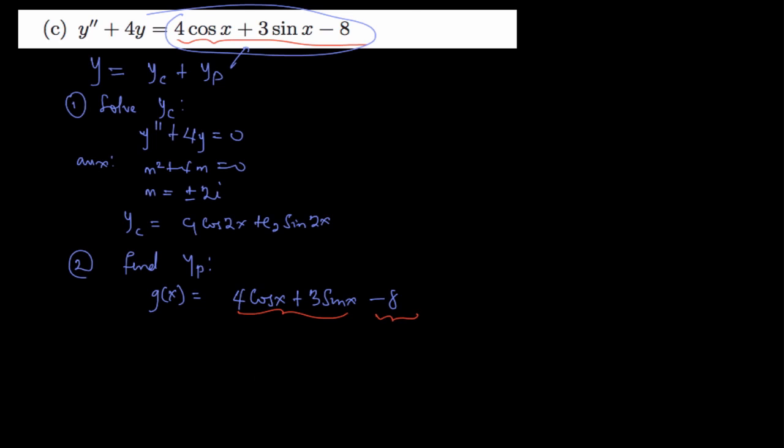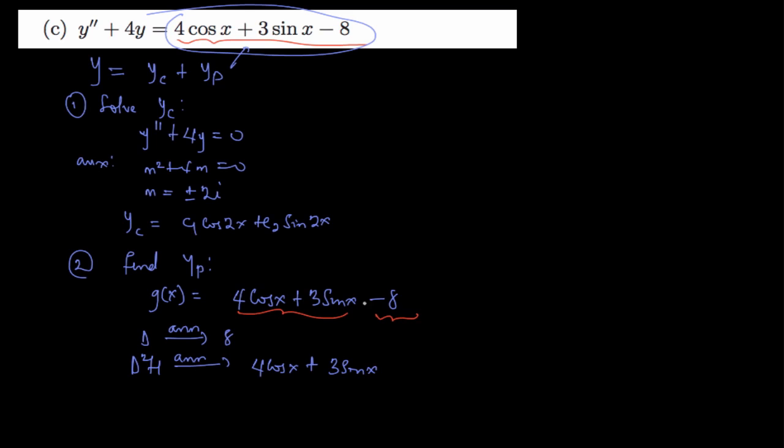Based on the videos we've done so far, we know that D annihilates 8, and for 4 cosine of x plus 3 sine of x, D squared plus 1 annihilates 4 cosine of x plus 3 sine of x.